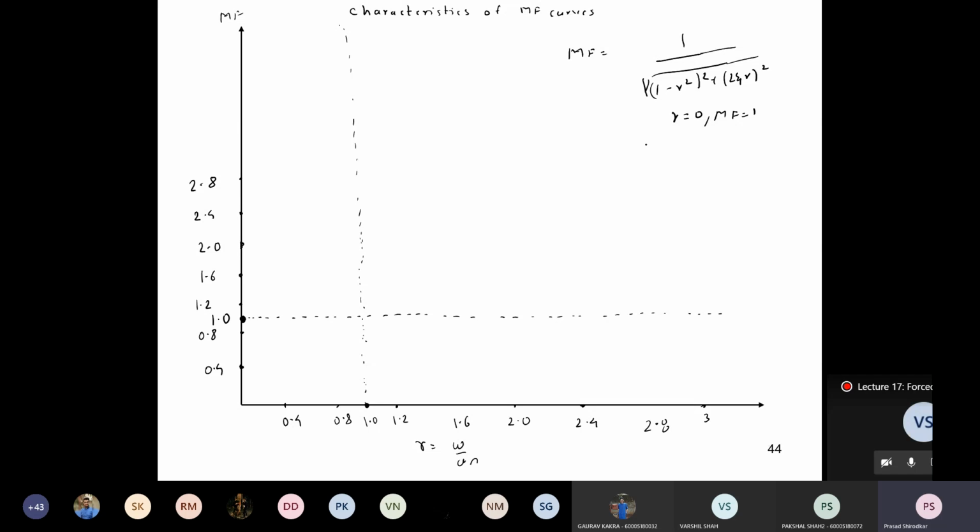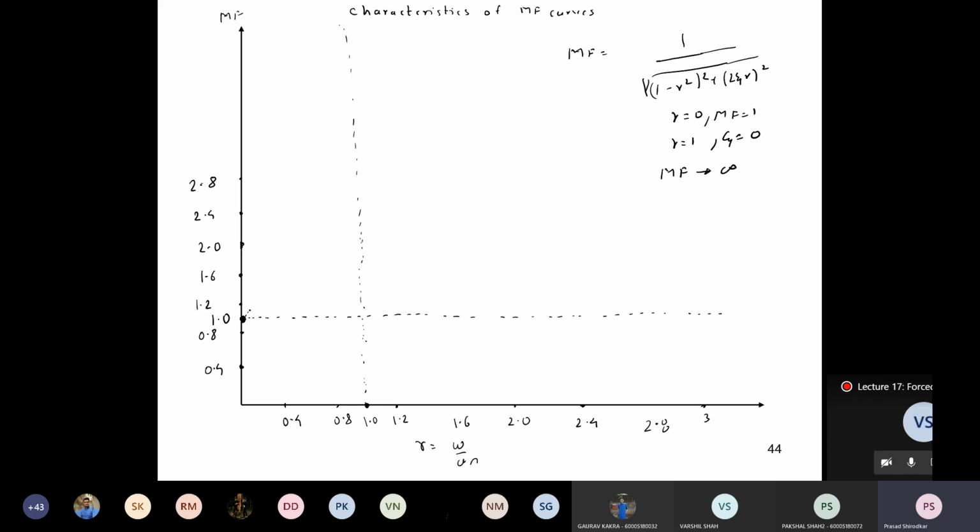Now, when r is equal to 1 and zeta is equal to 0, the magnification factor goes to infinity. All right. So these reference curves need to be initially constructed.